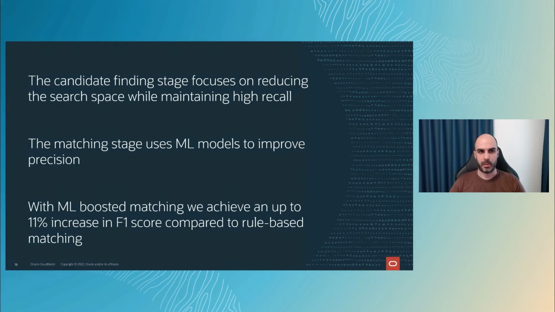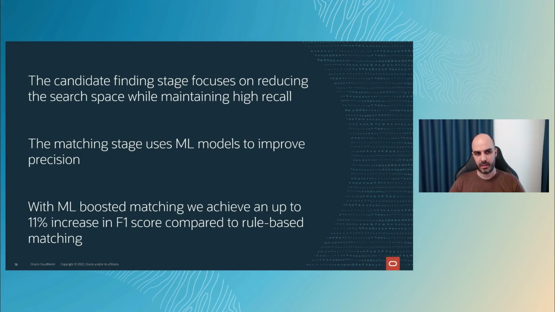That's fine as long as we are able to reduce the search space enough. Then the next stage is the matching stage, and here we're using our machine learning models to improve the precision of the matches. It's here where we filter out those wrong combinations that came out of the candidate finding stage.